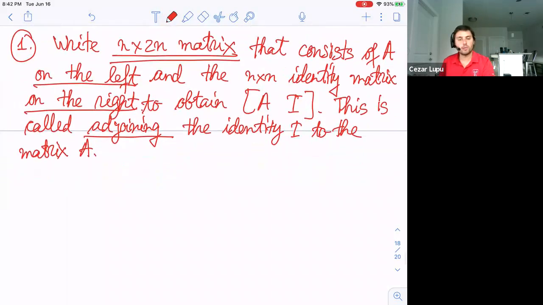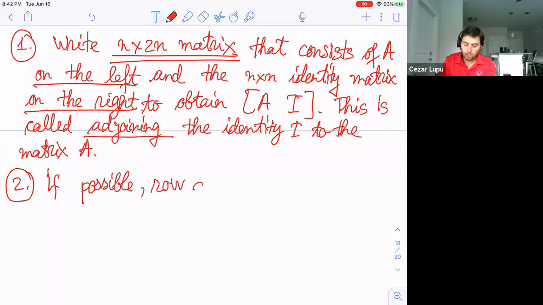So that's the first step. So we need to write that. The second step, if possible, row reduce. This is very important.